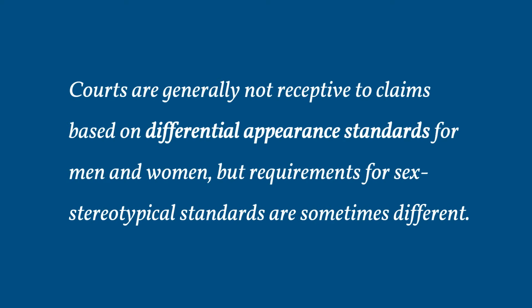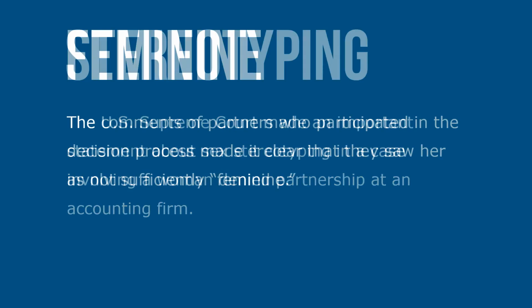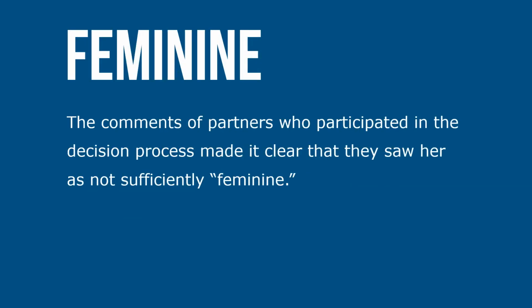Courts are generally not receptive to claims based on differential appearance standards for men and women, but requirements for sex-stereotypical standards are sometimes different. The U.S. Supreme Court made an important statement about sex stereotyping in a case involving a woman denied a partnership at an accounting firm. The comments of partners who participated in the decision process made it clear that they saw her as not sufficiently feminine.